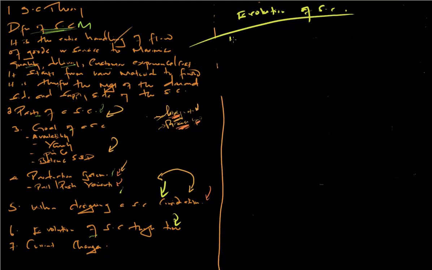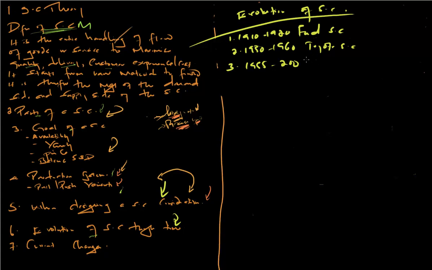The first one is between 1910 and 1920. This we call the Ford supply chain. The second one is between 1950 and 1960. We call this the Toyota supply chain. Then the third one is between 1995 and 2000. This we call the Dell supply chain.